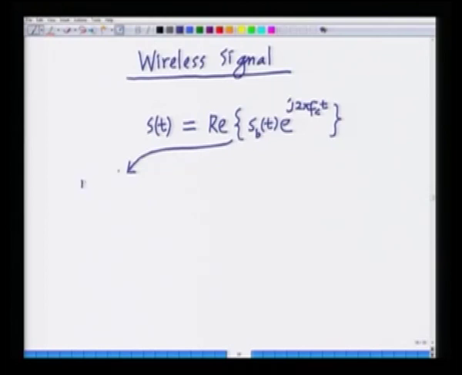This is a passband signal, and this is the complex baseband representation of that.